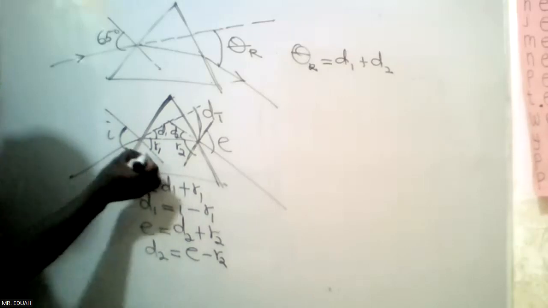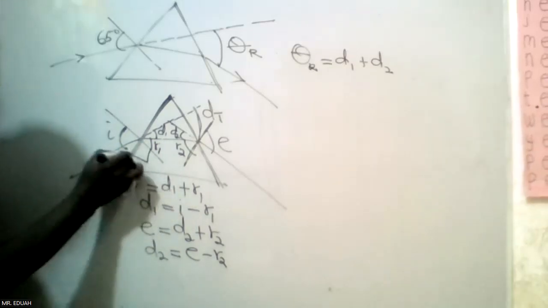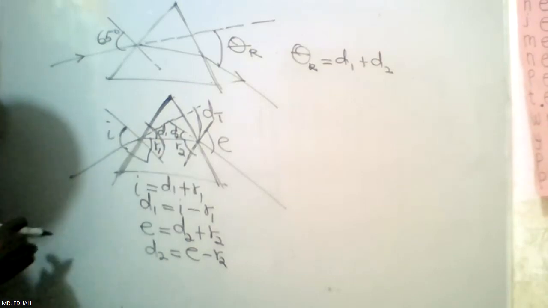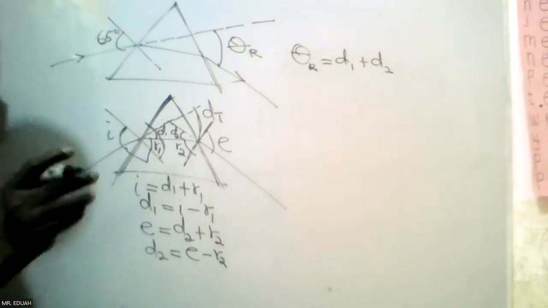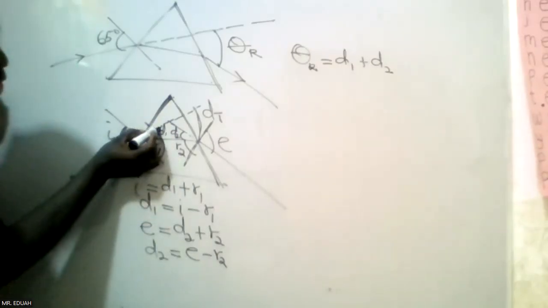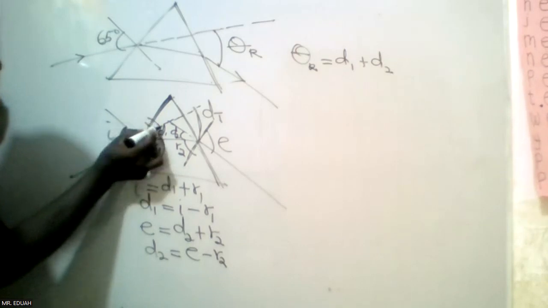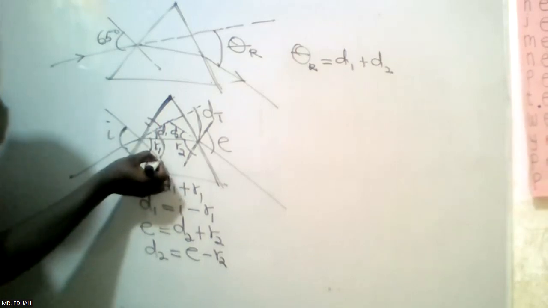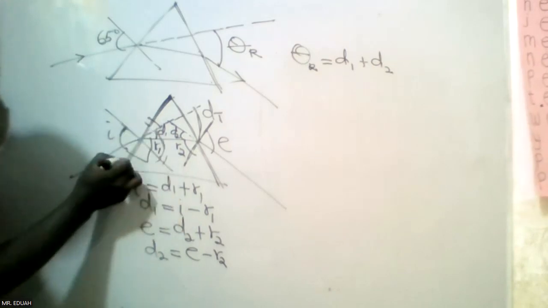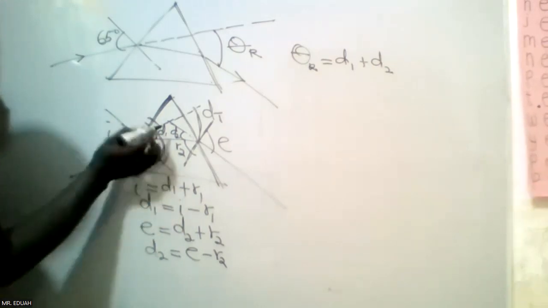No, you see, this is 90, and from here to this will be 90. It won't work like that, because this part you have no idea what it is. Don't forget the 90 is from the normal to the plane. If you don't know this, you cannot just subtract.